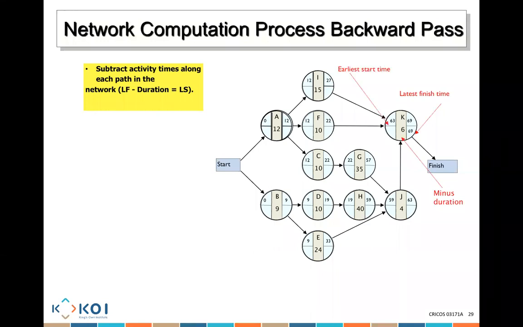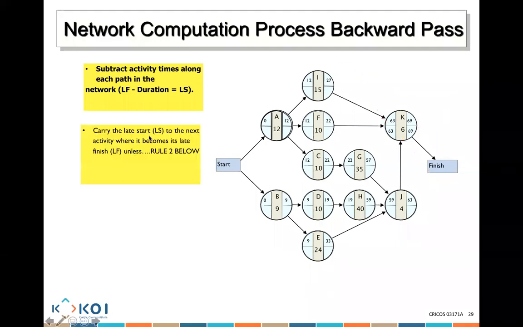That's correct. Now, the second thing to bear in mind is to carry the latest start to the next activity, where it becomes the latest finish. So the latest start from here becomes the latest finish of the one before it. What's the latest start in activity K? 63. And what's the latest finish of activity J? That's 63. And what's the latest finish of activity I?